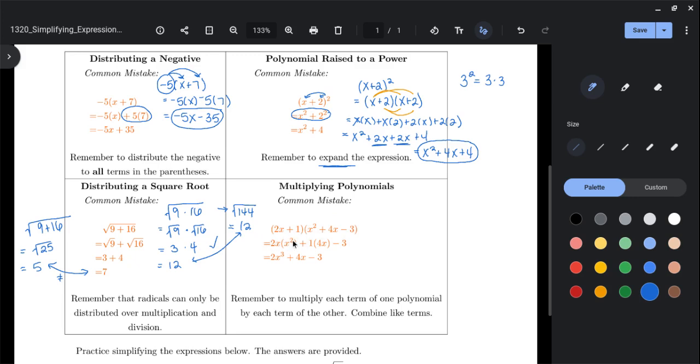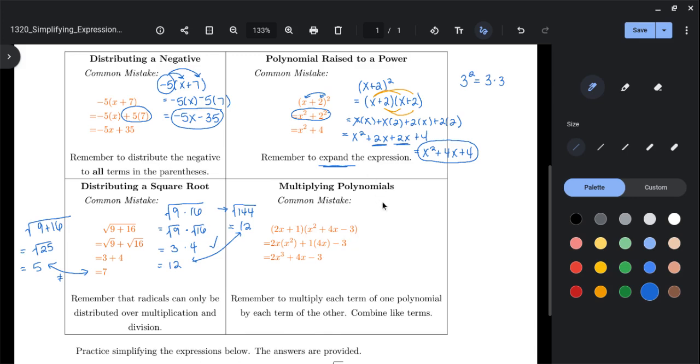And so what this person had decided to do is they said, okay, the 2x comes first in the first set of parentheses, the x squared comes first in the second set of parentheses, we're going to multiply those. And then we're going to multiply the second terms together, so the 1 times the 4x. And then, well, the negative 3 doesn't have a corresponding term, so it's just left alone.